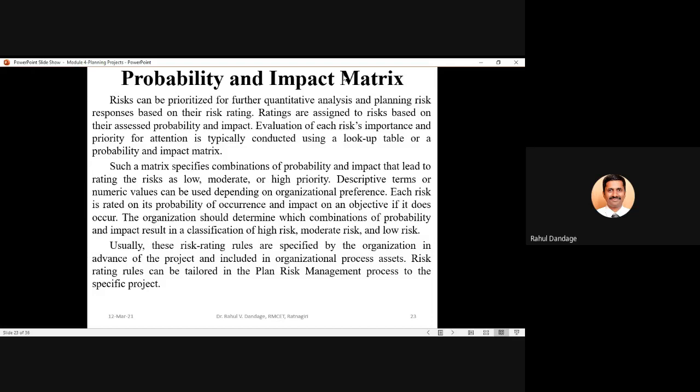So there may be some generalized rules in the organizational process assets, and based upon a specific project, these can be tailored or modified when you are preparing the risk management plan or going through the plan risk management process, so that for that specific project the rules defined for rating can be slightly modified.